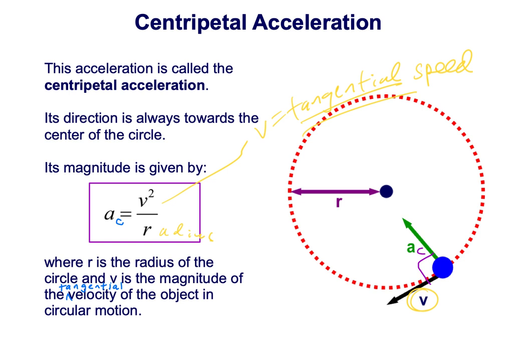So if we work this out, meters per second, parentheses squared, would be meters squared over second squared over meters. That's the same thing as meters. So when the meters crosses out, you'll get the standard units for acceleration, meters per second squared.